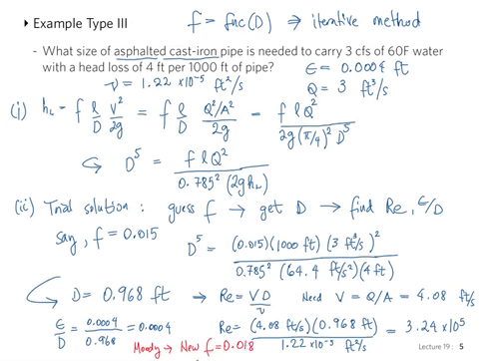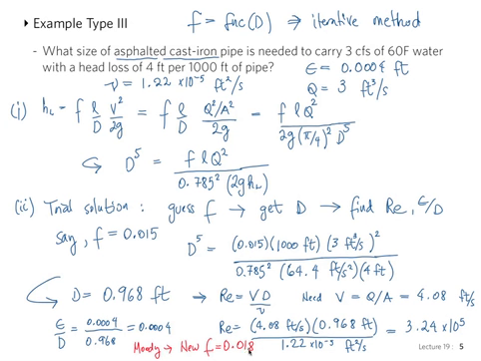With this new f, we get a new D, new V, new Reynolds, new epsilon over D, everything again, and get a new f. According to my calculations, when you do that one more time, you're going to get the same f. So it converges on the second iteration. Solution is converged.